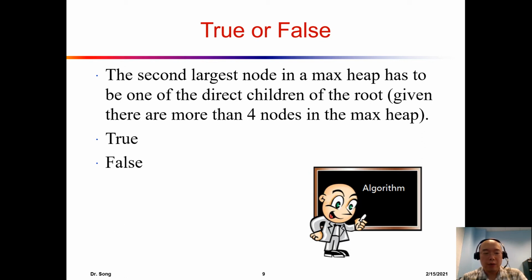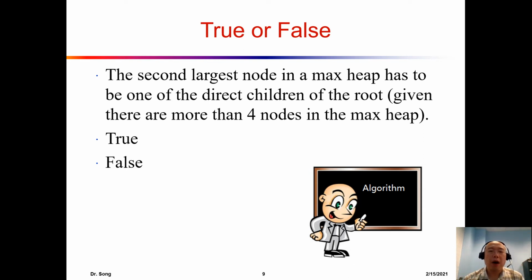Why? Because if we have a value, and this value is the second largest, what does that mean? This means this value is only smaller than the root, right? So if it is not one of the direct children of the root, this means between this node and the root, there is one more value between them.